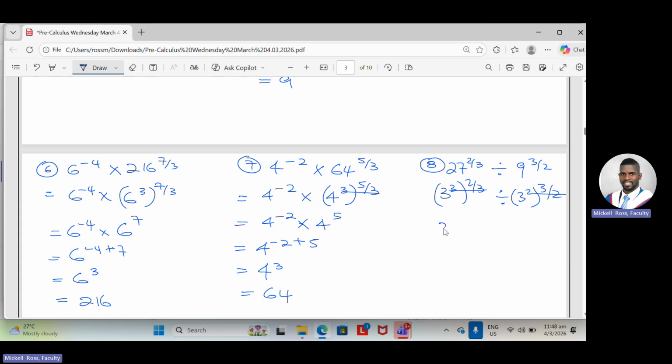So you're going to be left with 3 squared divided by 3 cubed. If you're dividing and the base is the same, you subtract the powers. So this is going to be 3 to the 2 minus 3, which is 3 to the negative 1.